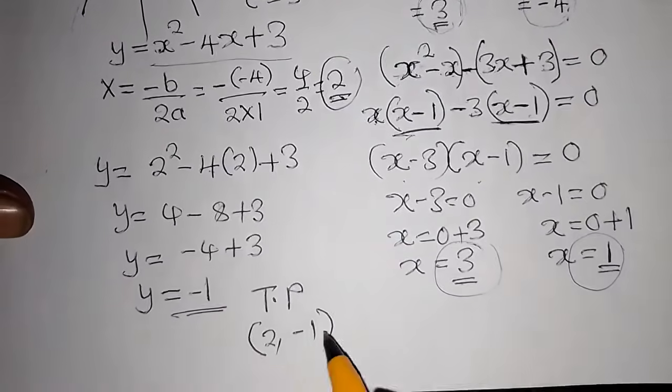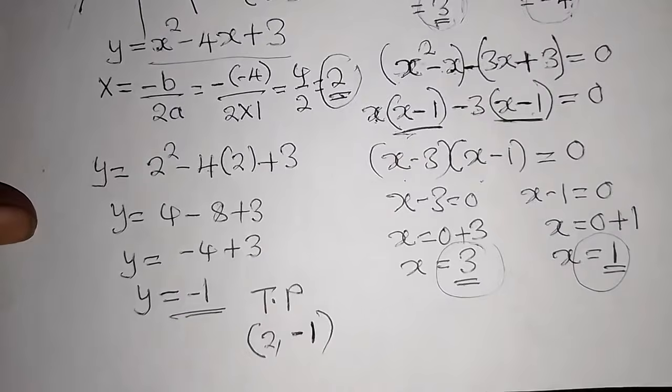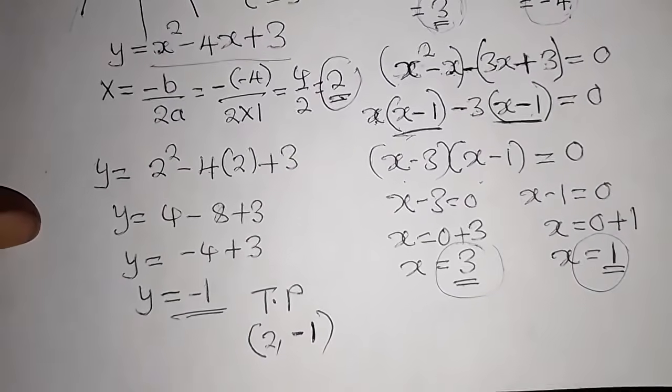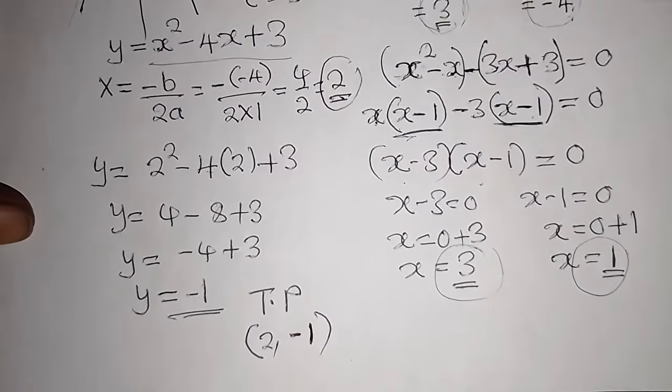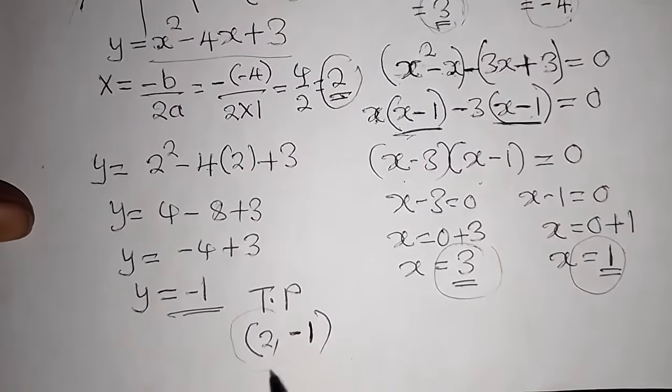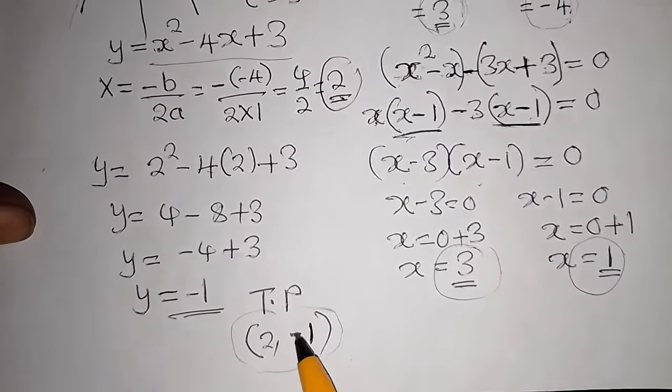So now you get the coordinate of y here. So whether the question was saying find the maximum, find the minimum, these are the processes that you need to do. If the question was saying find the turning point, you just need to get this one. But the question was saying find the minimum, so we get y here.